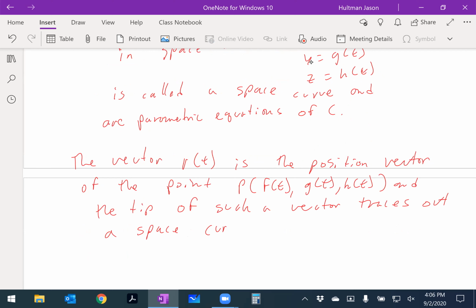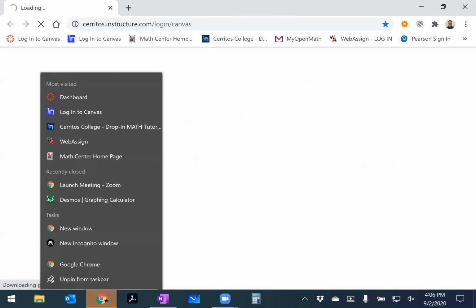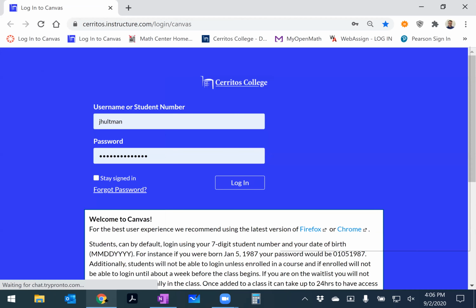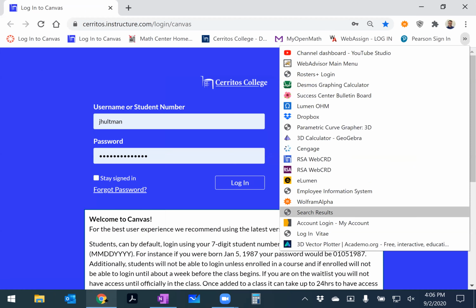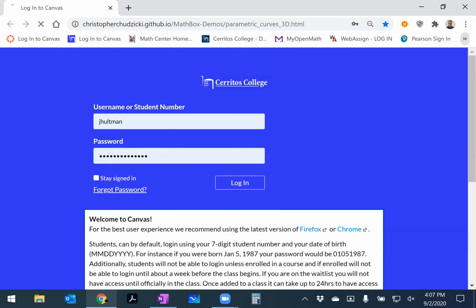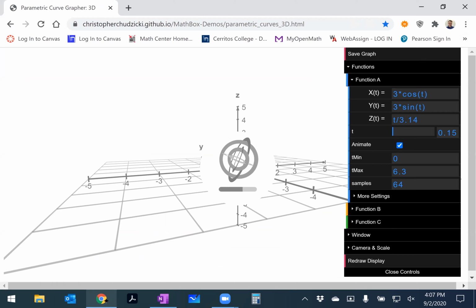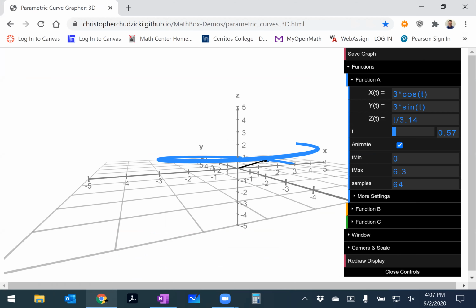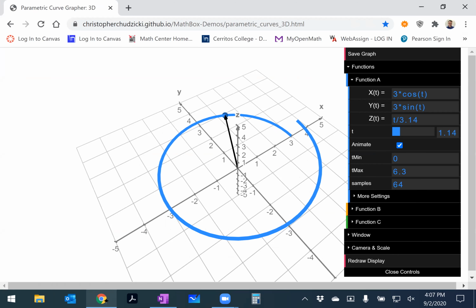So just think of a space curve as a vector valued function. Let's go to something that might help us visualize this. Parametric curves. So this is a space curve.